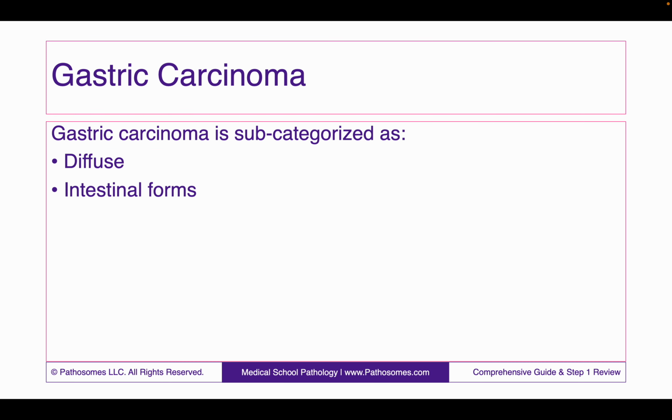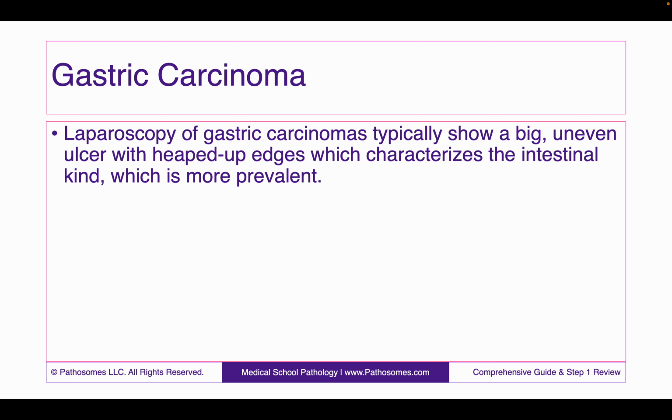Regarding gastric carcinoma, there's two things that we need to know at your level. There's a diffuse form and an intestinal form. Gastric carcinoma is subclassified as diffuse or intestinal. Endoscopy of gastric carcinomas typically shows a big, uneven ulcer with heaped up edges, which characterizes the intestinal type, which is more prevalent.